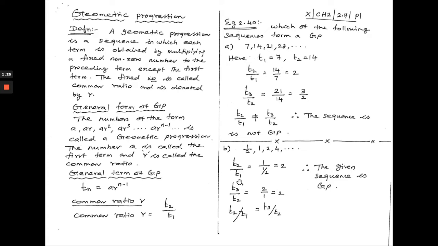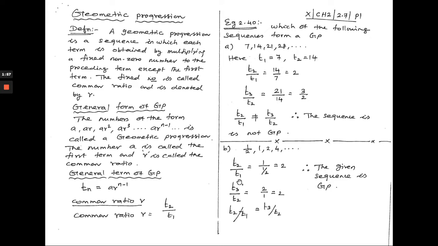The number A is called the first term and R is called the common ratio.